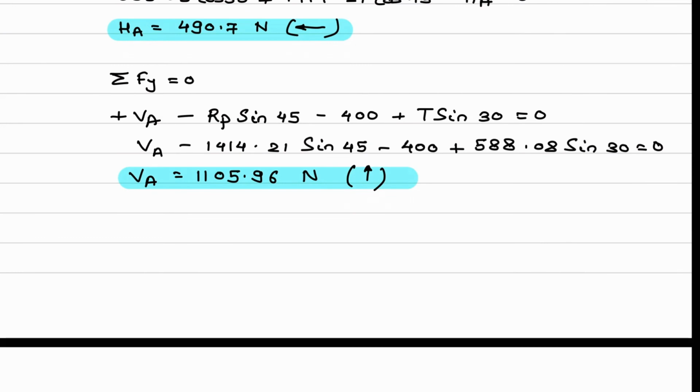Now here, we have to calculate the resultant as well at point A. So RA will be what? RA is equal to under root of HA square plus VA square. Substitute the values over here. You will get RA value as 1209.93 Newton.